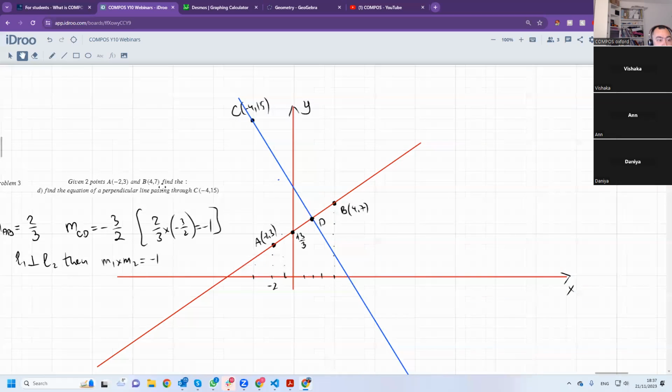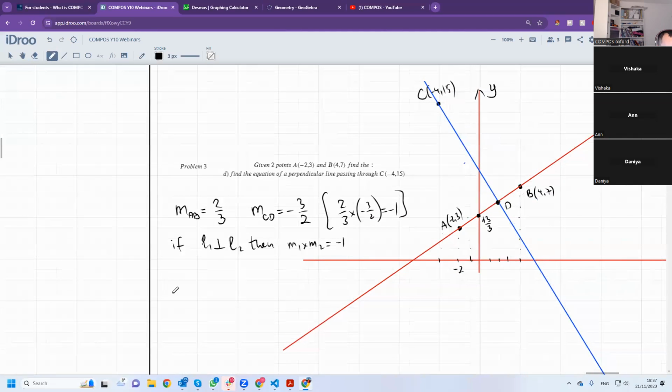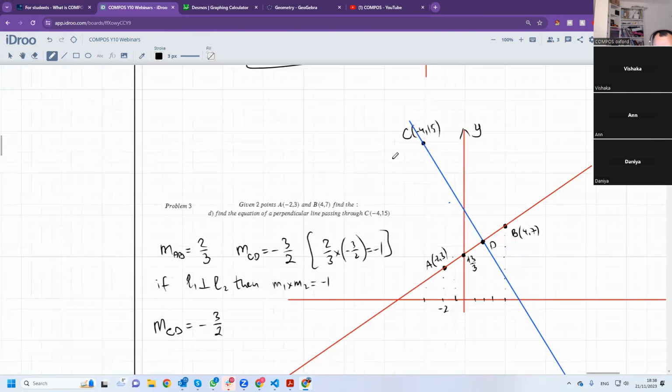Okay. So we know the gradient of the line CD is minus 3/2. And it goes through the point C. So we can use the point slope formula, right? Because we know the gradient.